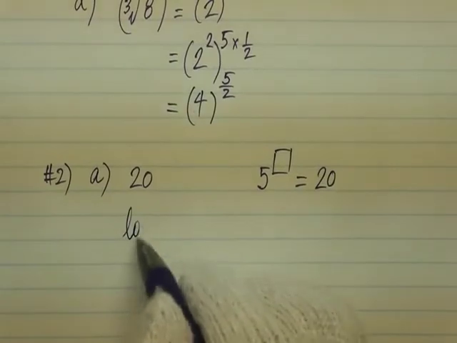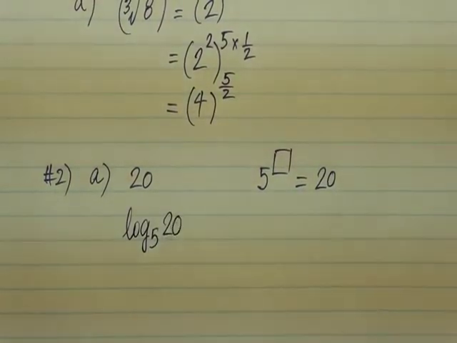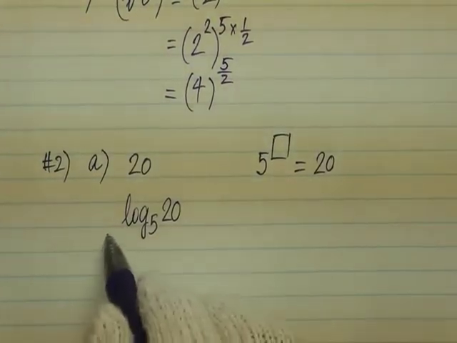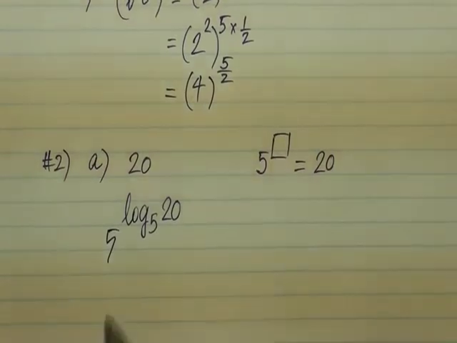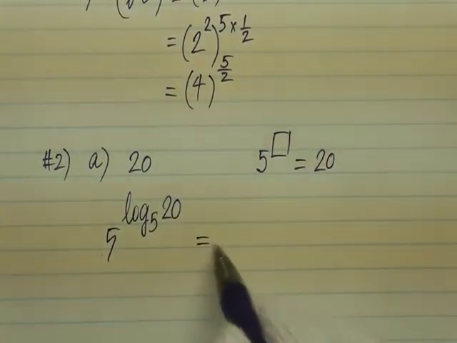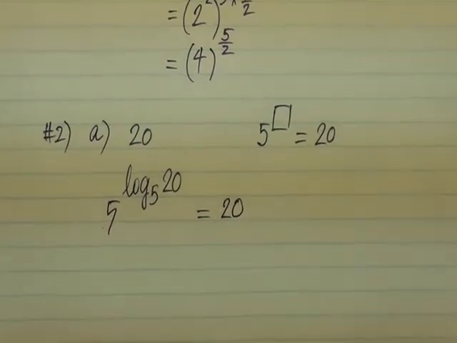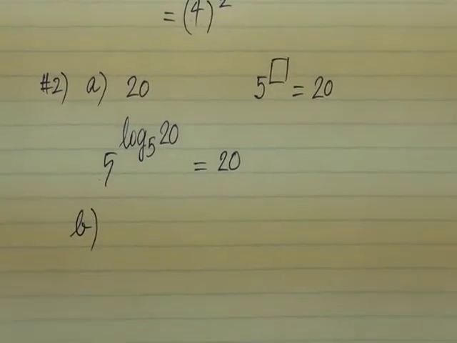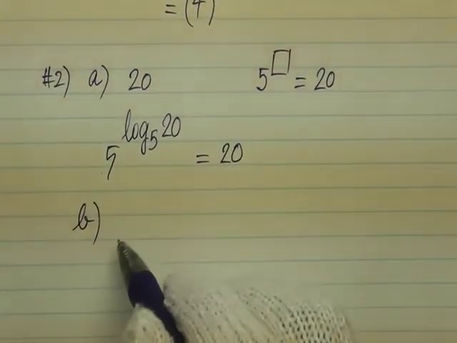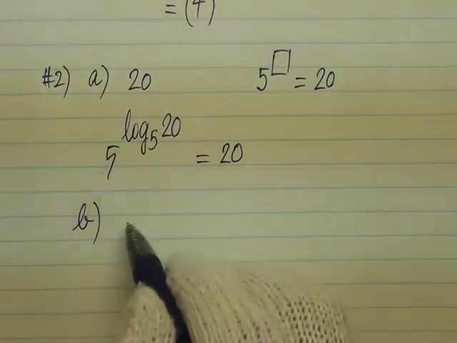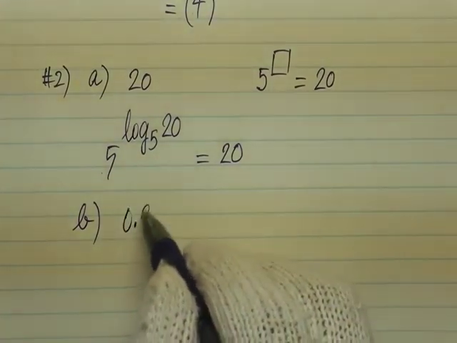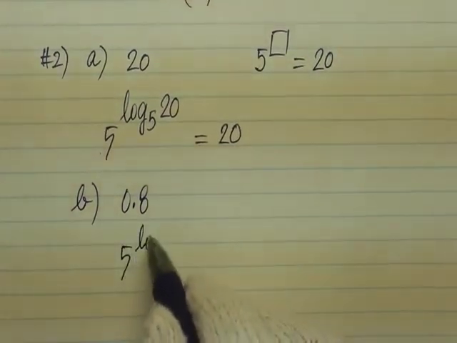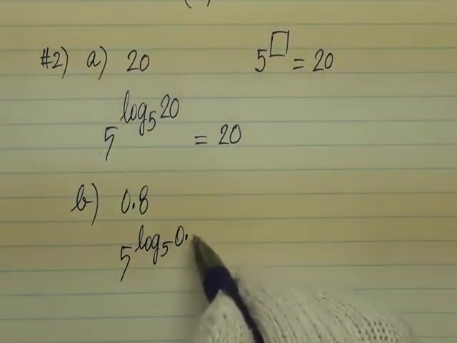So if I take the log base 5 of 20, and I raise that to 5, 5 to the log 5 of 20 is going to give me 20. Same logic, 0.8. 5 to the log 5 of 0.8.